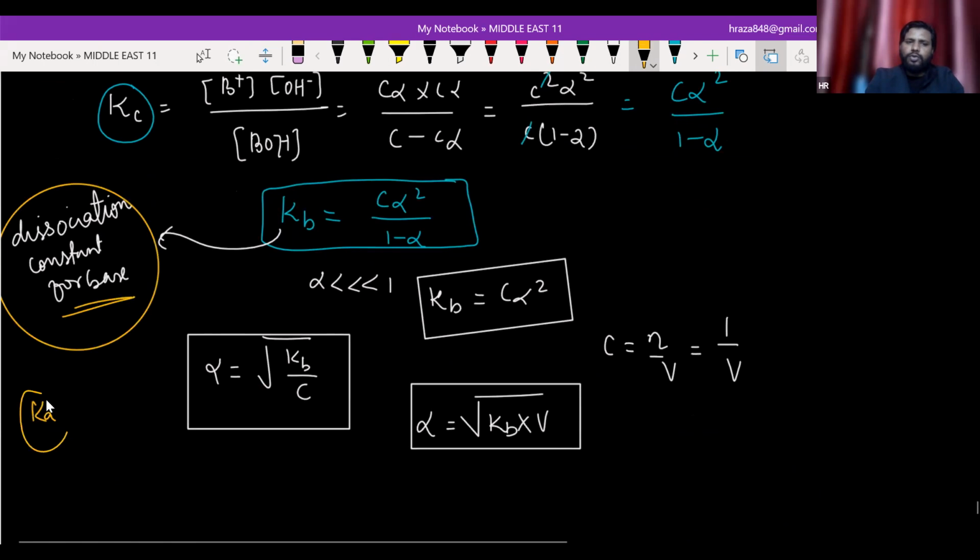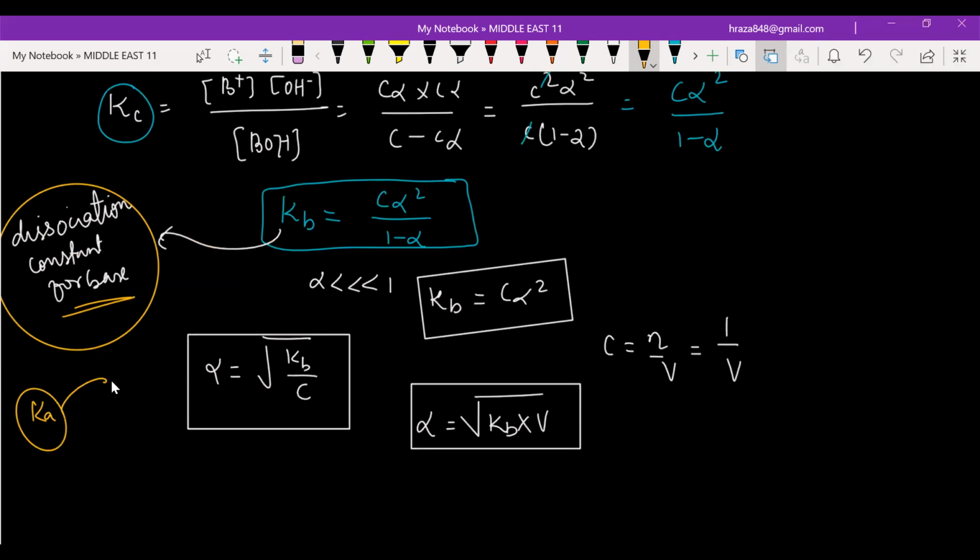Ka is the dissociation constant for acid. For acid, we use Ka instead of Kc. For base, we use Kb instead of Kc. Is this clear now? Yes.